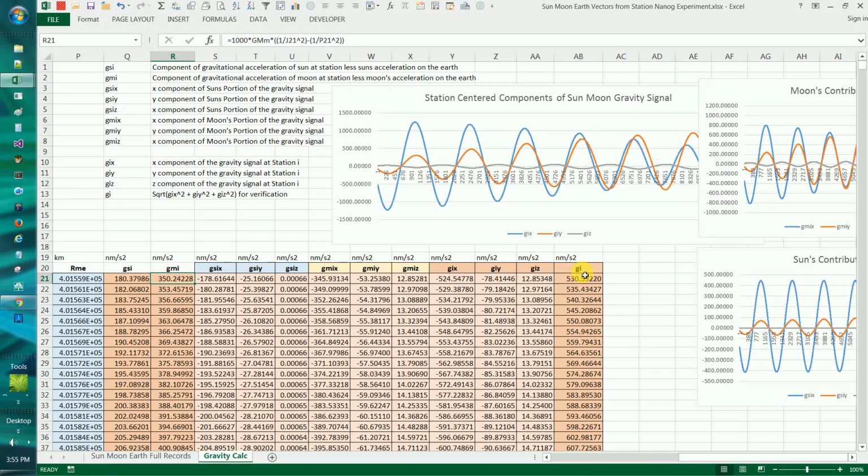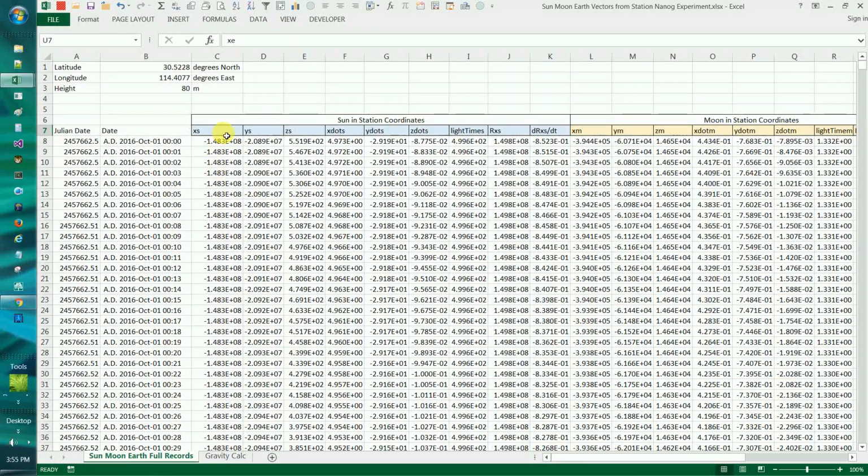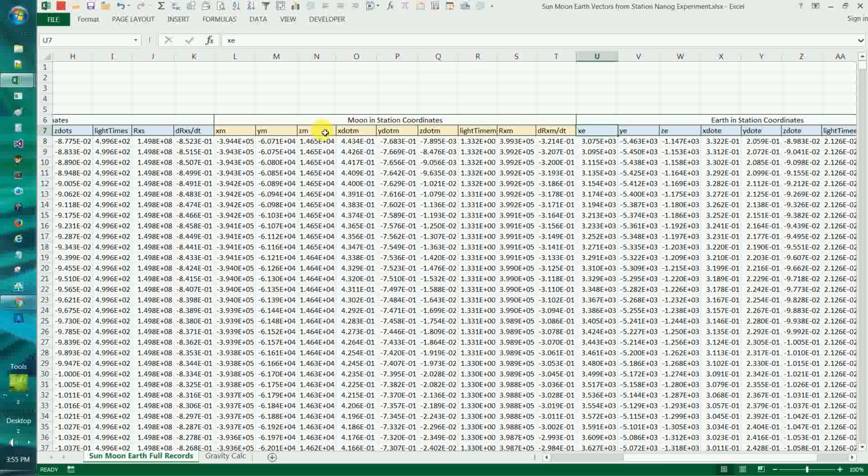And just to give you the context for this one, I got the raw data here: x, y, z, x dot, y dot, z dot for the sun, the light time from the sun to the station, the distance from the sun to the station, the rate of change in distance from the station to the sun, the corresponding x, y, and z station coordinates of the moon, the rate of change of each of those coordinates, the light time from the station to the moon, the distance from the station to the moon, and the rate of change of the distance to the moon.